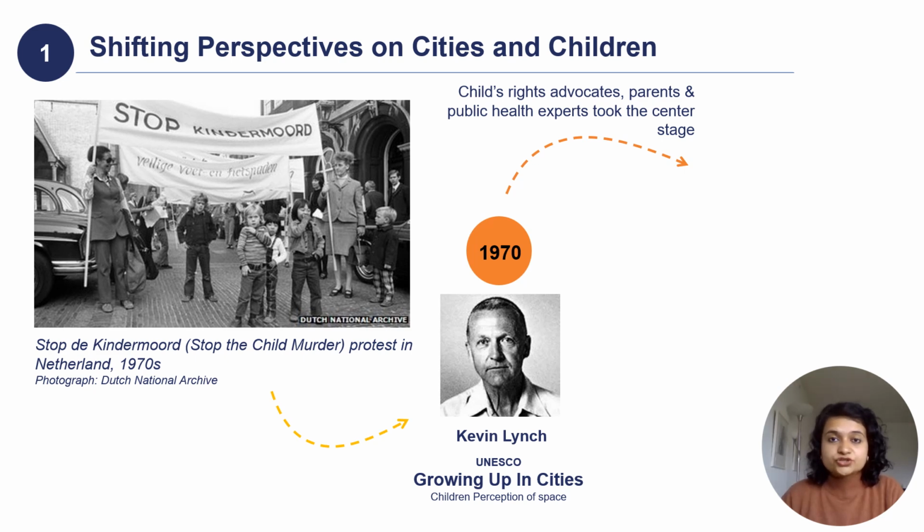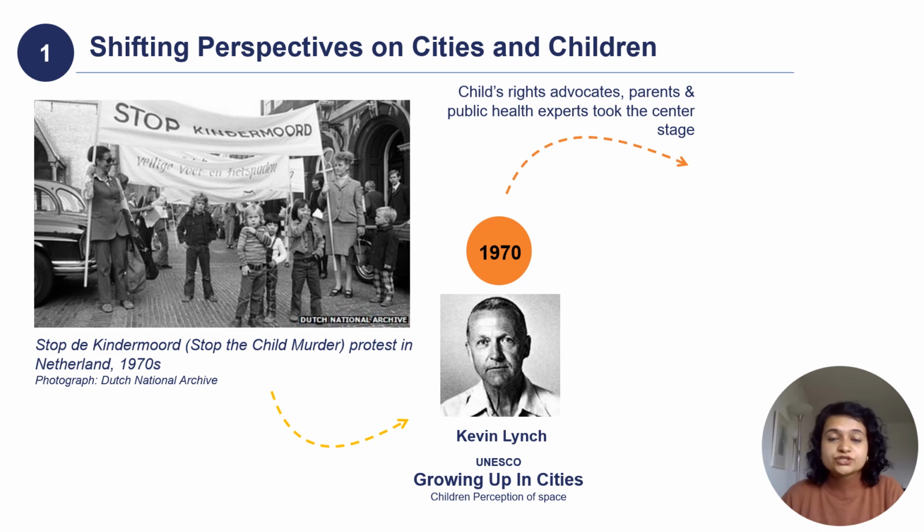Gradually, the deterioration of children's neighborhood interaction resulted in an increased focus on multidisciplinary researchers to investigate the urban childhood landscape. The turning point came with a landmark study funded by UNESCO and led by the noted American planner and author Kevin Lynch called Growing Up in Cities.